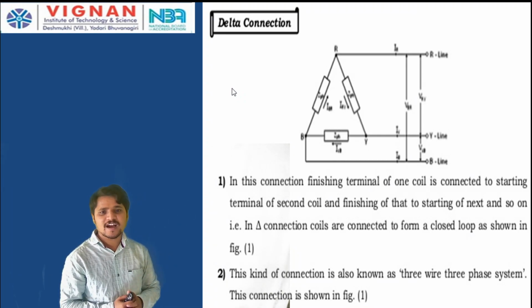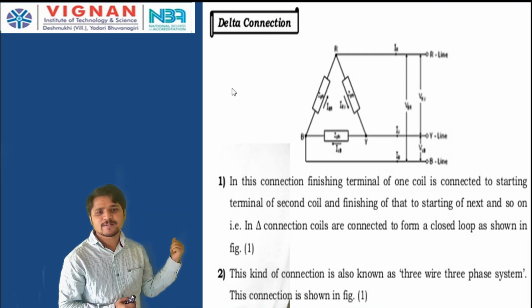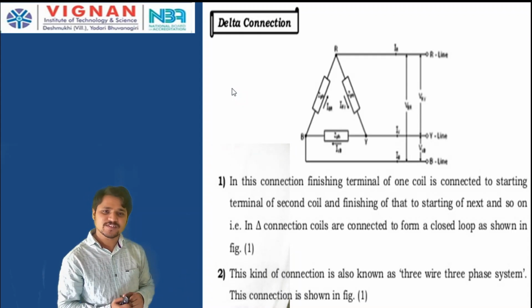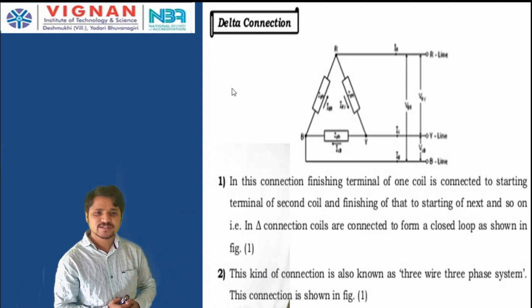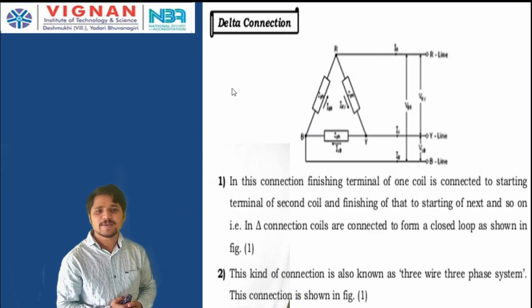Let us say the R coil is there, its finishing terminal is connected to the starting terminal of the Y phase, and the Y phase ending terminal is connected to the starting terminal of the B phase, like that. Which forms a closed path like a mesh. Hence it is also called a mesh connection or delta connection.